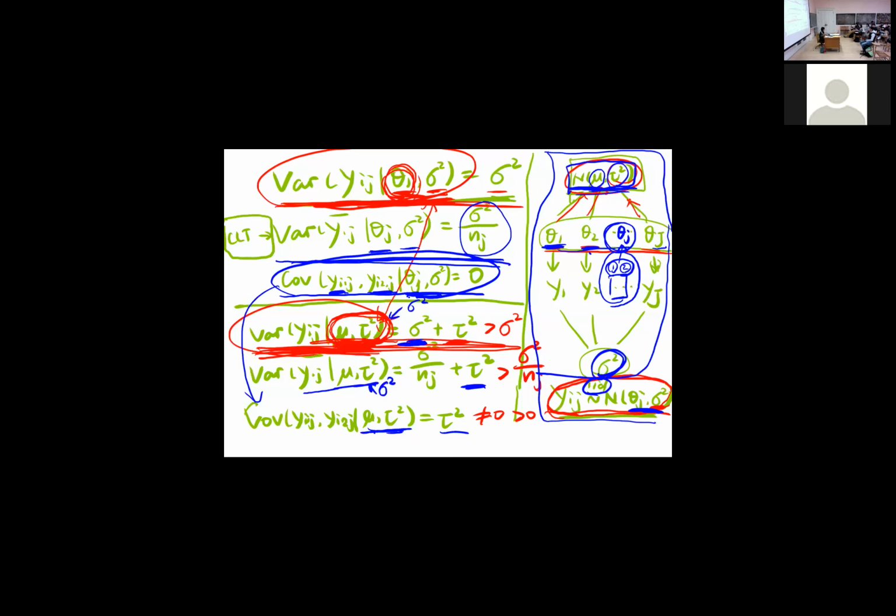Okay? And for the normal case, it's actually easy for us to show what it is. Yeah. So that's mostly what I want to talk about. And I should also say, you have this y, and then y is from the mean of the theta, and theta has another normal distribution.